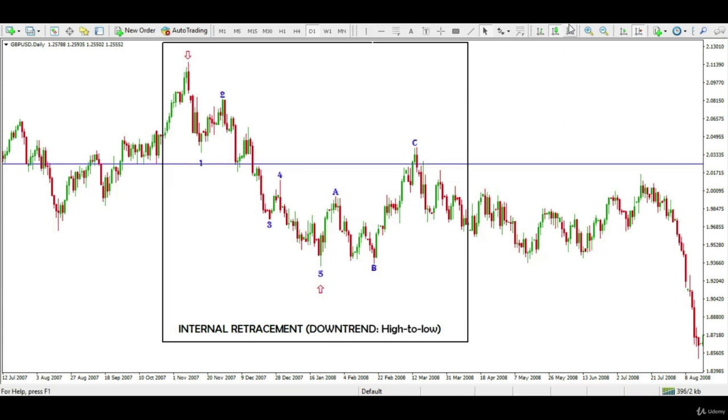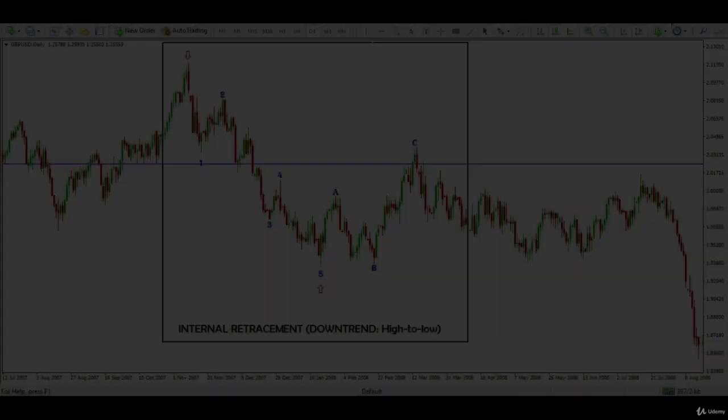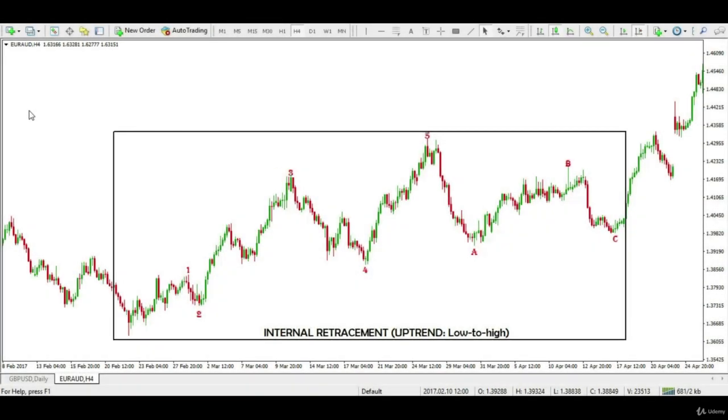Now let's look at another example but in an uptrend. This time we are looking at a 4-hour chart of Euro and Aussie dollar where price has rallied from a significant low. Using the same approach, I will plot internal retracement starting from low to high of the wave sequence.